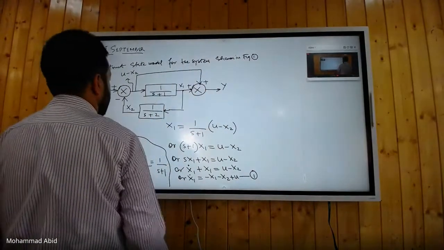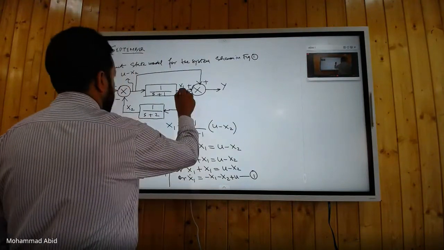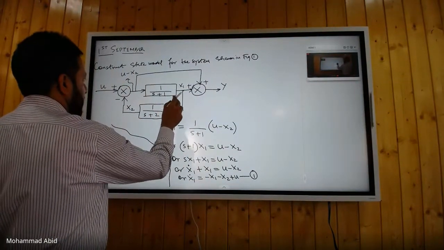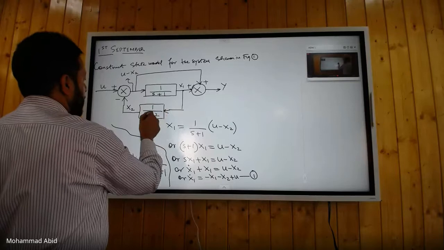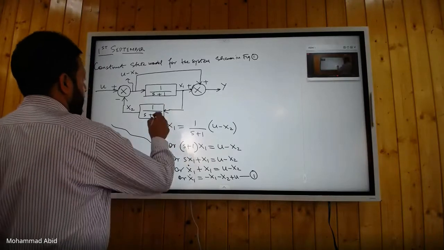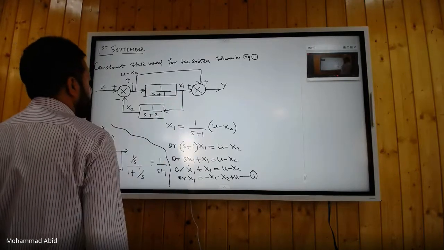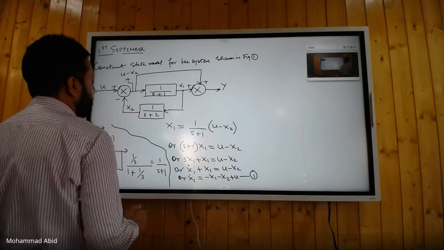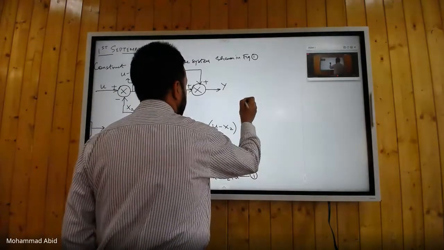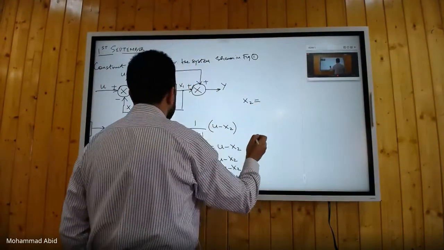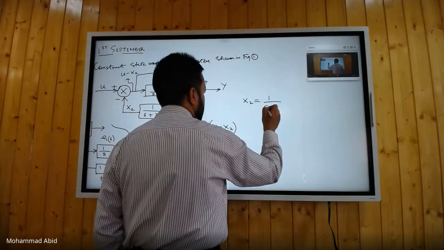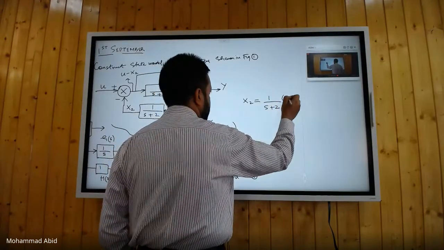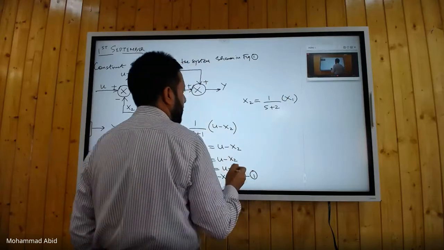Now I write down the equation for x2. So this is x1 here. This signal, the input to this block, that is transfer function 1 upon s plus 2. The input to this block is x1. So I can write down the equation as x2 is equal to 1 upon s plus 2 into x1. Are you getting me?